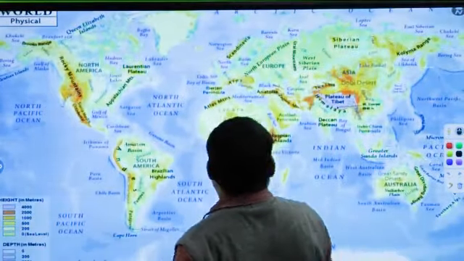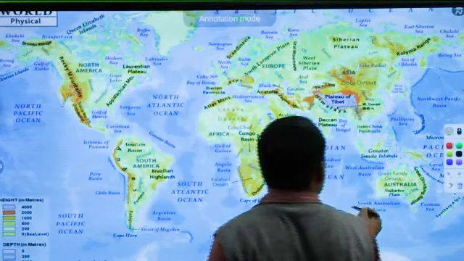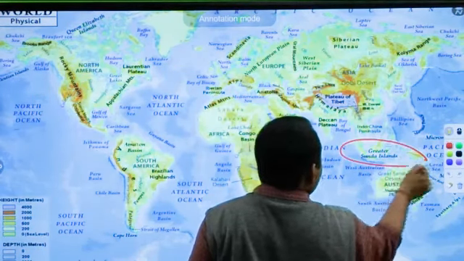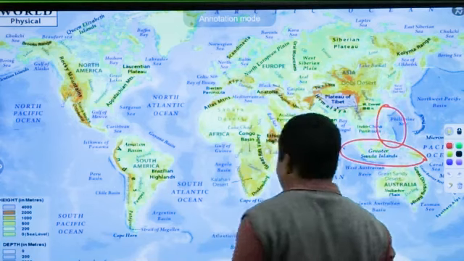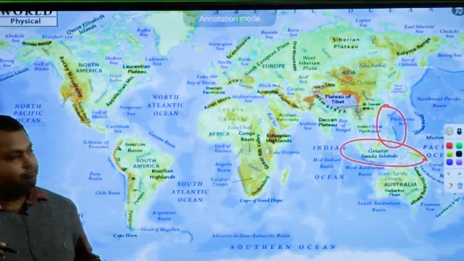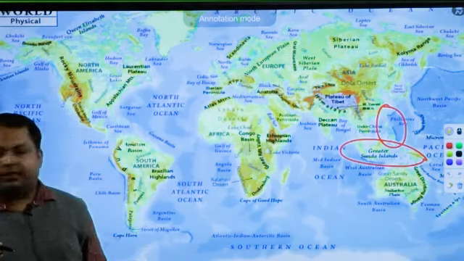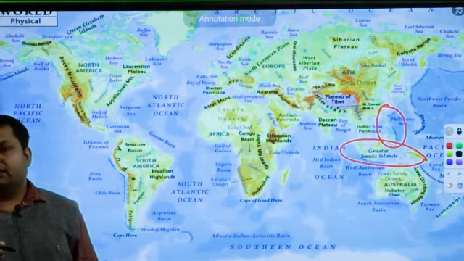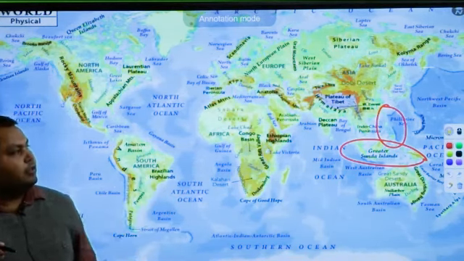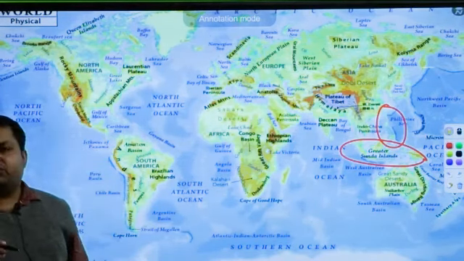On the world map, we can easily see the Indonesian as well as Philippines archipelagos are located along the circum-Pacific belt, along the converging plate margins of the Pacific plate, Eurasian and Indo-Australian plates.